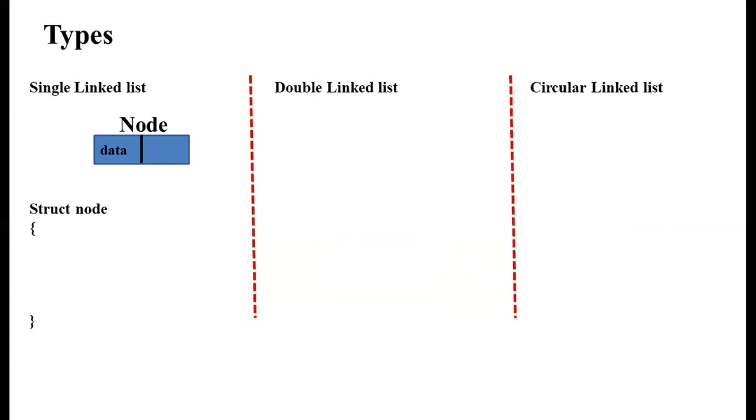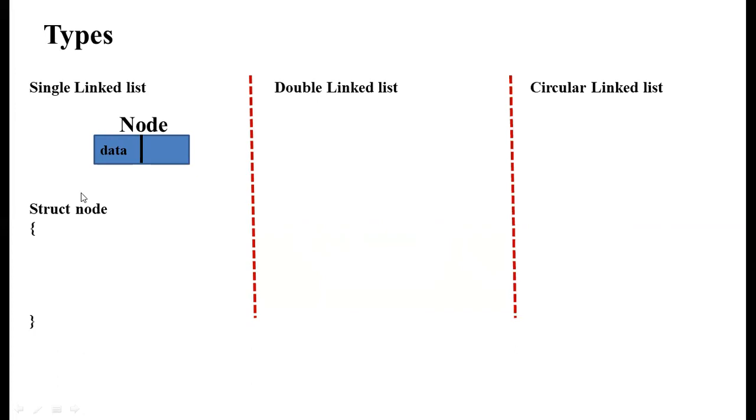The first one is a data field, and if you take only one integer, then you will have only one data field. Suppose you want to store employee information like employee number, employee name, and employee salary, then in the data part you will have three fields.